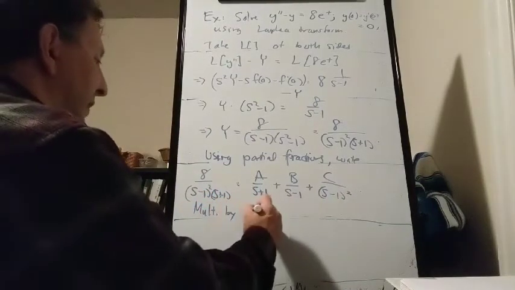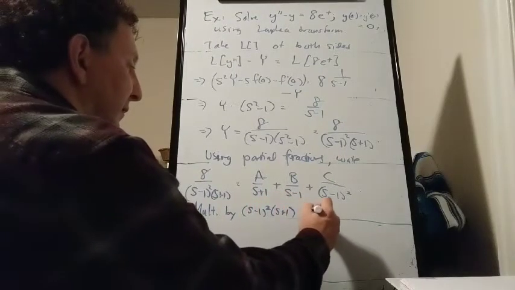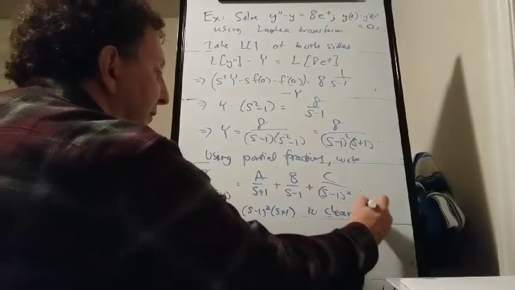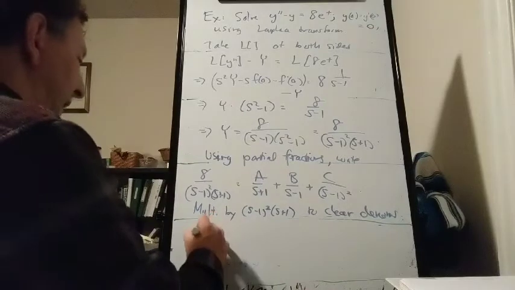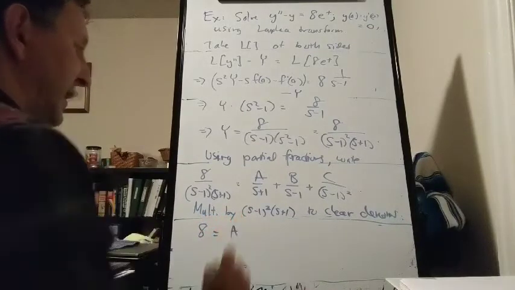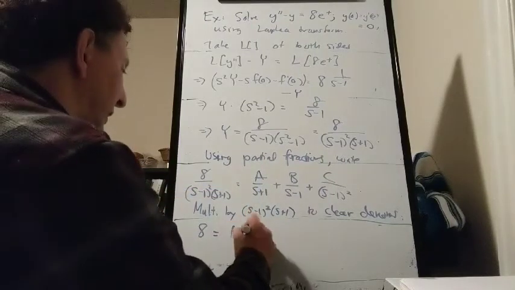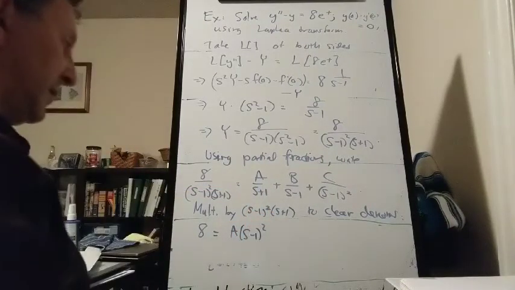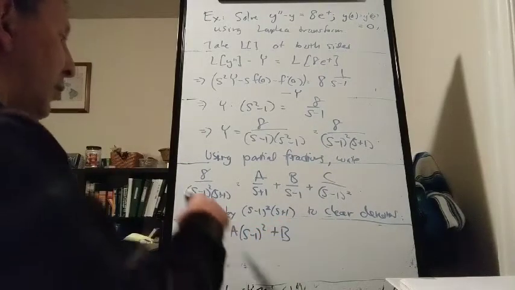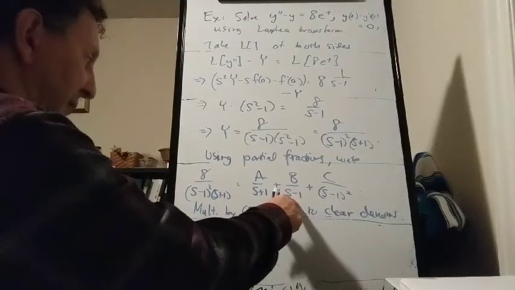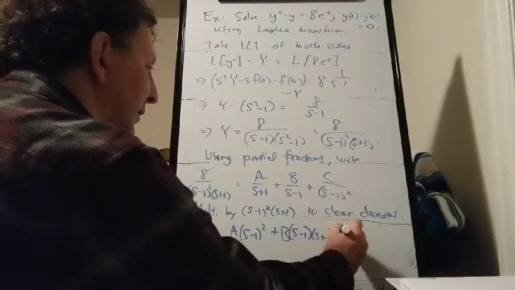Now let's multiply by s minus 1 squared s plus 1 to clear denominators. So we have 8 equals A. S plus 1 is going to cancel the s plus 1, and we'll have s minus 1 squared, plus B. One of the s minus 1s is going to cancel that s minus 1, and we'll still have another s minus 1 and the s plus 1.